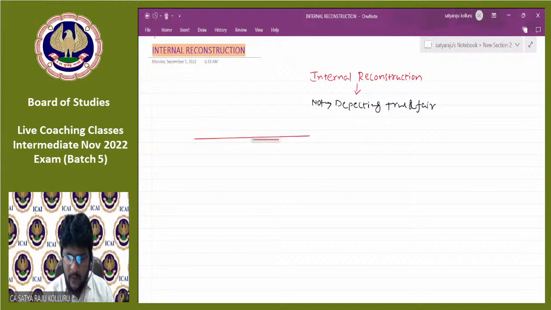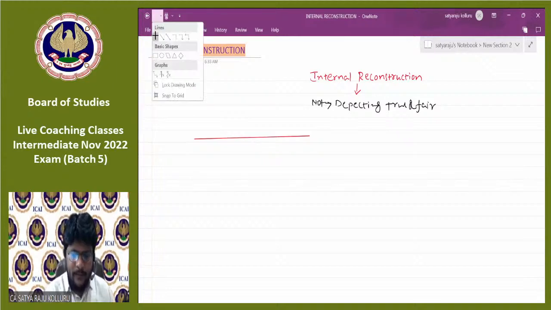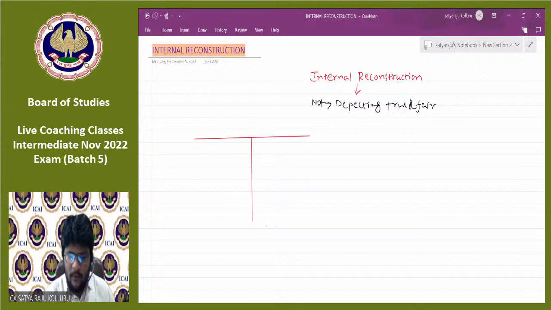We actually considered one company called Rani Limited. Am I right? If you really remember the intro part of amalgamation, we took one example, which is Rani Limited. In that company, a huge P&L account debit balance is there.